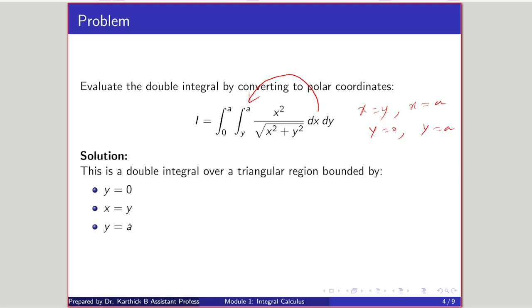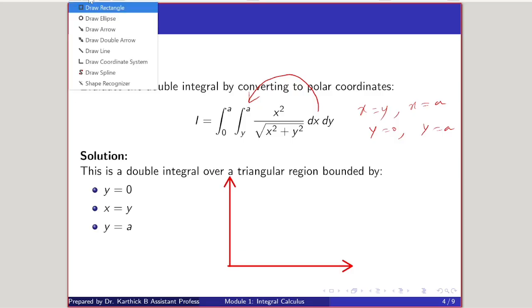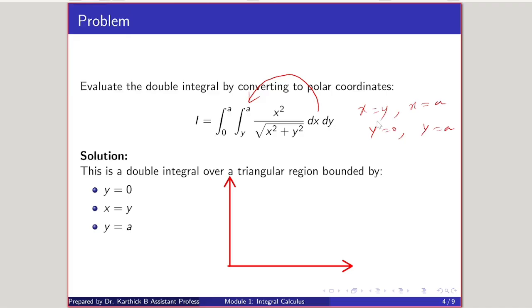With this we want to draw a graph. So I may draw a simple graph. This is our x-axis and this will be the y-axis. And first thing, x equal to y.